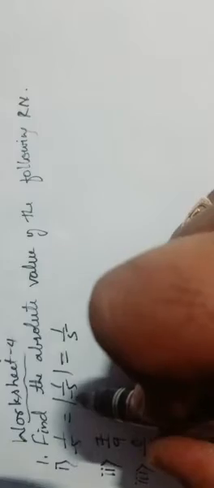To write the absolute value of 1 by minus 5, we have to consider only the numerical value. We should not consider the negative sign. Then we have 7 by 9. The modulus of 7 by 9, or the absolute value of 7 by 9, is 7 by 9 itself.